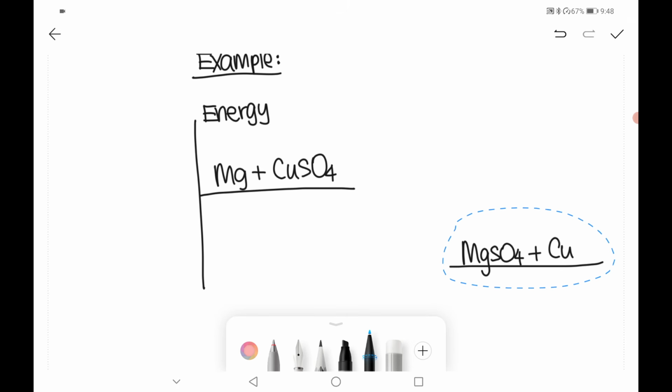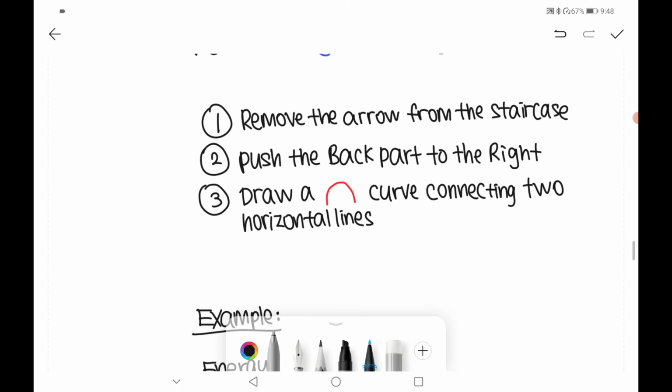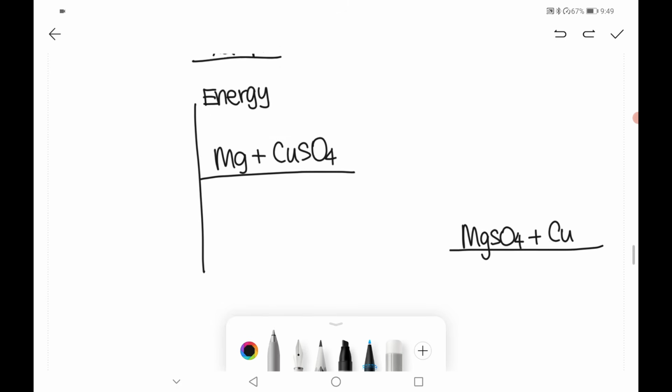After you push a bit, the next thing you can do is draw a curve. The curve is the N curve. You draw an N curve connecting the 2 horizontal lines.